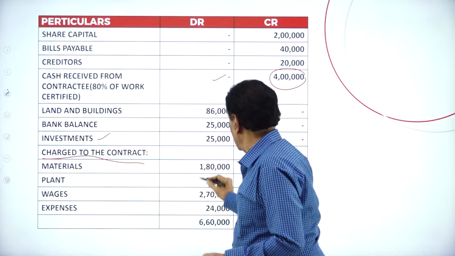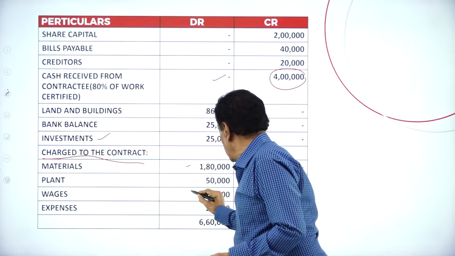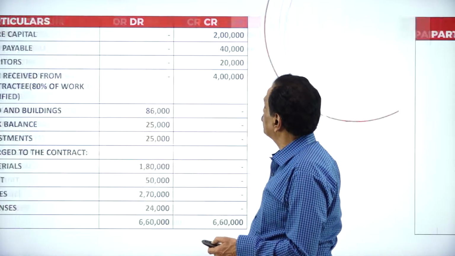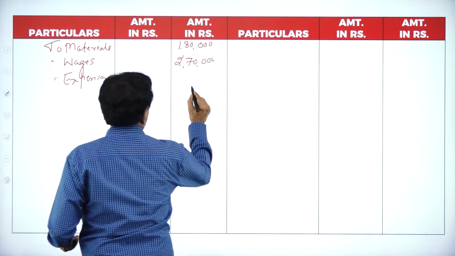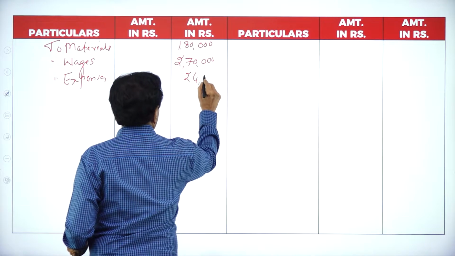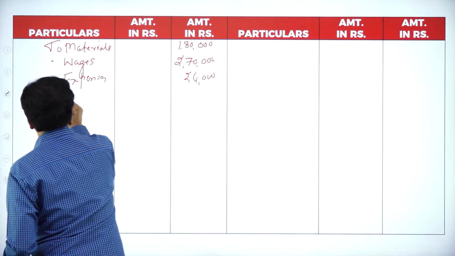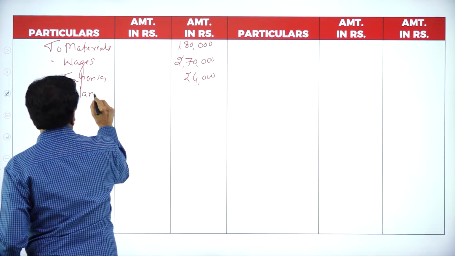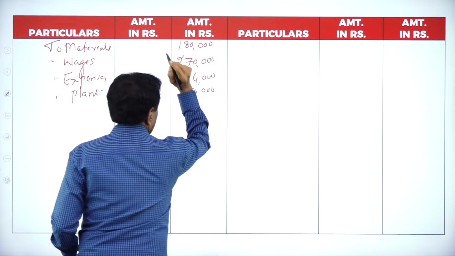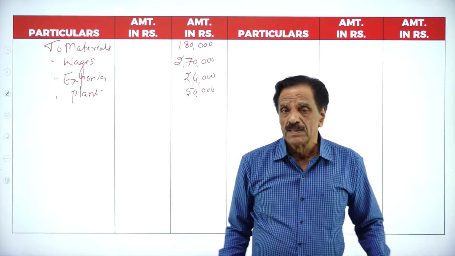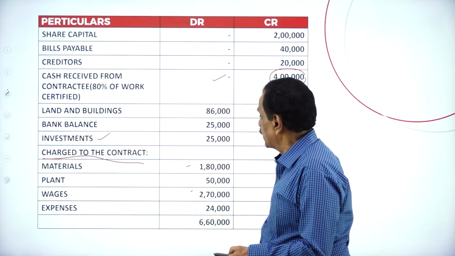Here, first one, material 1,80,000, wages, expenses. What's your expenses? 24,000. Plant issued to plant 50,000.